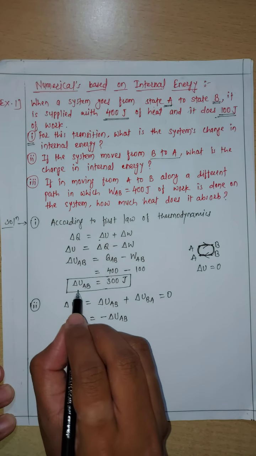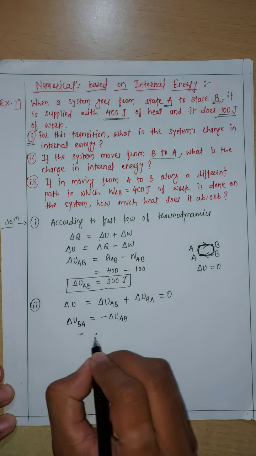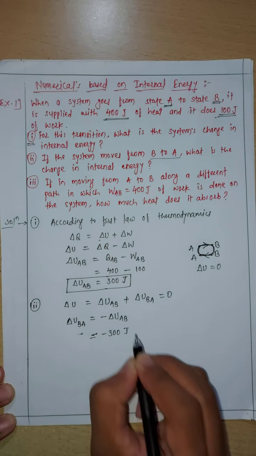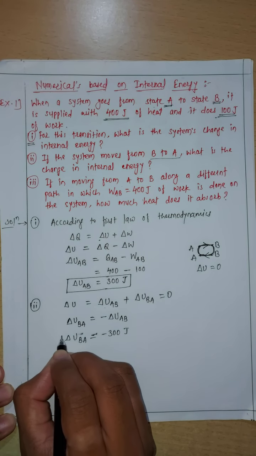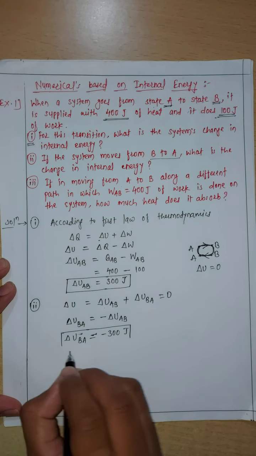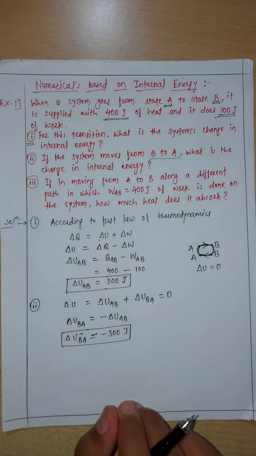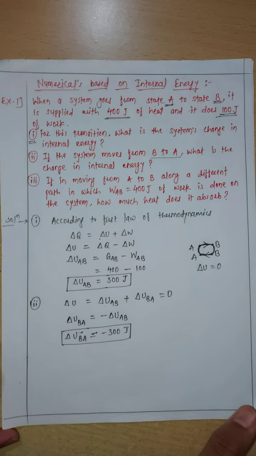We have calculated that delta UAB equals 300, so this is nothing but minus 300 joule. So this is your delta U, that is the change in internal energy when the state goes from B to A. Here this negative sign is there. Why is the negative sign? Because it is a reverse process.